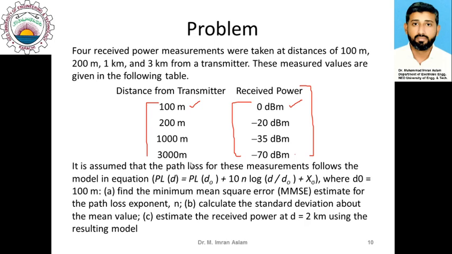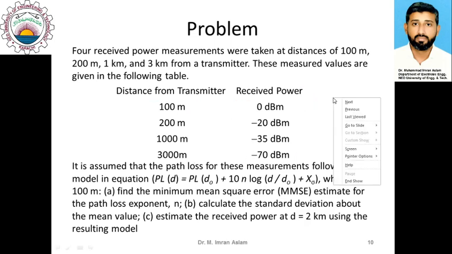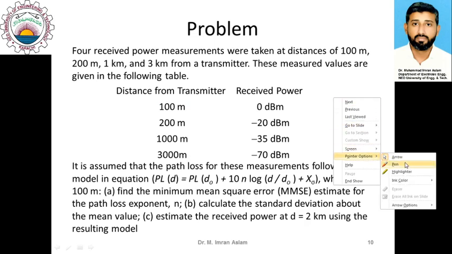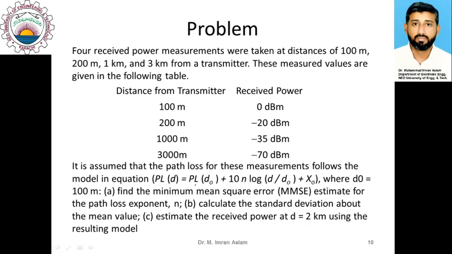If we are trying to model our system with the log distance model, which we have discussed in today's lecture and which is also represented by the equation here, plus there will be some randomness representing the shadowing effect.